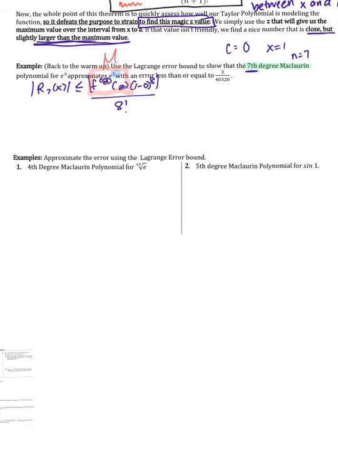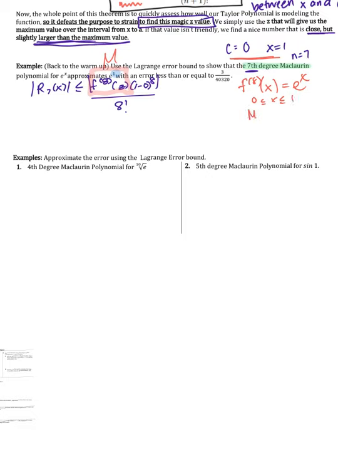So how do we go about finding our m value? So the first thing we want to think about is, what is the 8th derivative of the function we're approximating? What is the 8th derivative of e to the x? Well, it's just e to the x. And we are looking at it on the interval between 0 and 1.